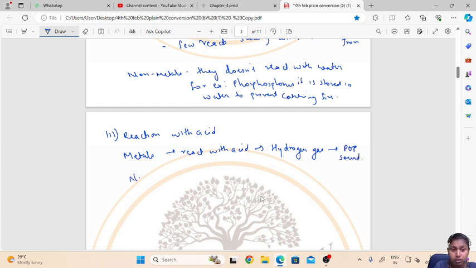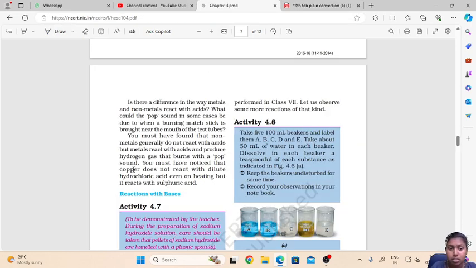Whereas non-metals don't react with acid. So metals react with acid and form hydrogen gas which gives a pop sound, whereas non-metals generally don't react with acids.